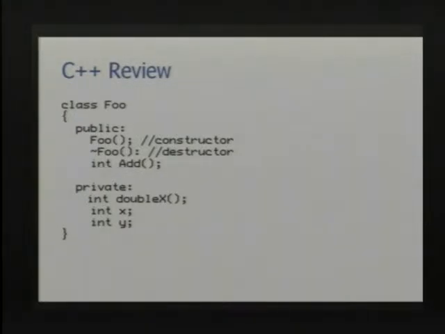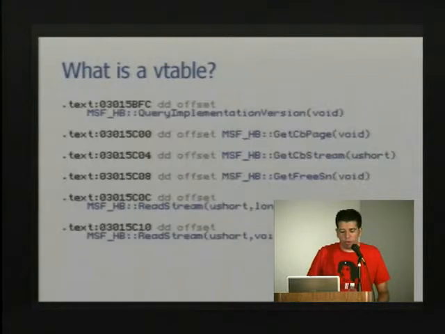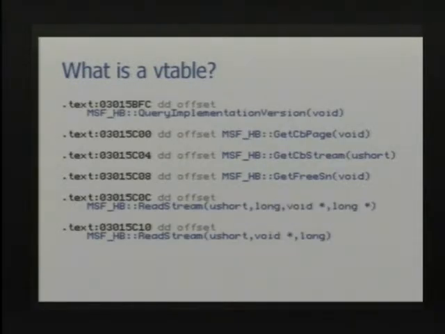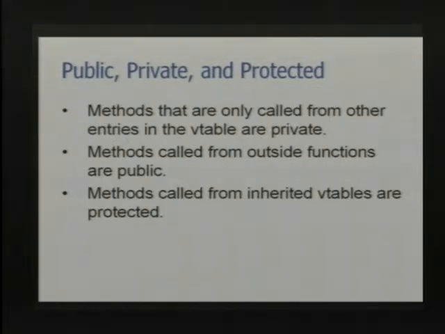So if we have a vtable and we know all the methods within it, and we see that one of the pointers to a function only gets called from other methods and never gets called from outside, we know that's a private method. If we see it being called from outside of the class or object, we know that it's public. And if we see it being called from a vtable that is inherited, we know it's going to be protected. So this is how to determine this.